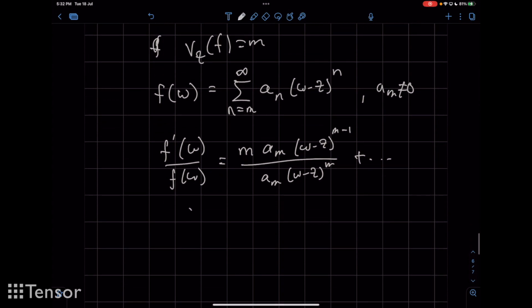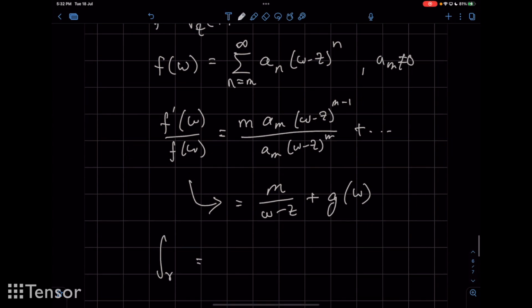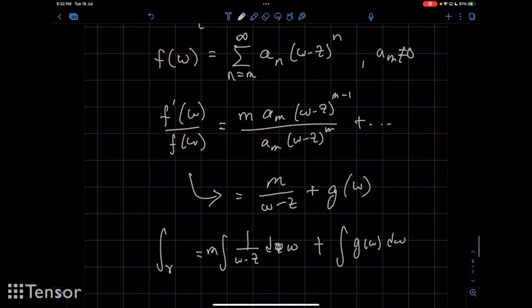So this can be written as m over w minus z plus another holomorphic function. And if we integrate it over gamma, then we get the integration of 1 over w minus z dw plus the integration of g(w).